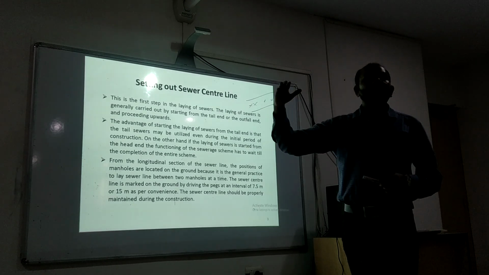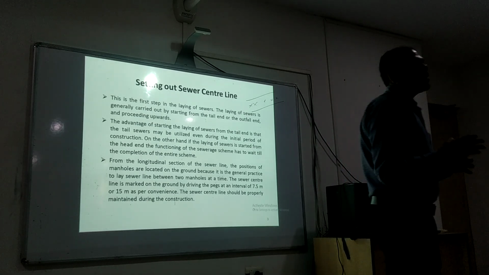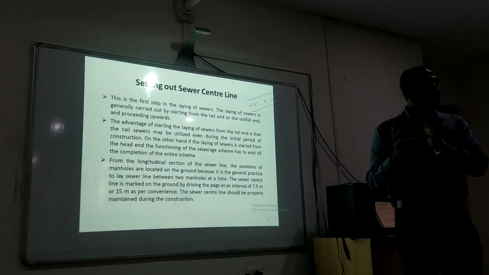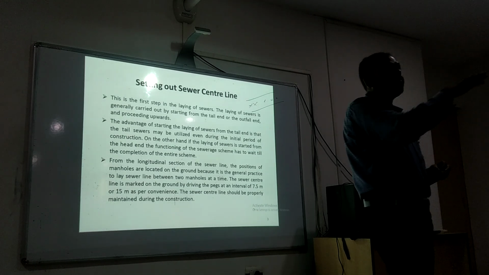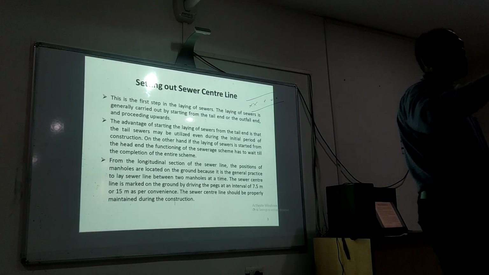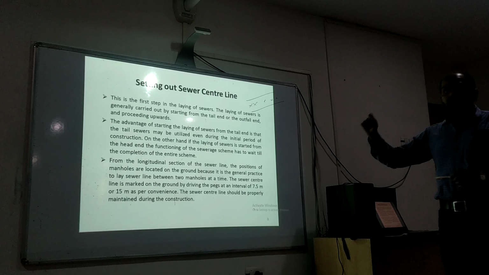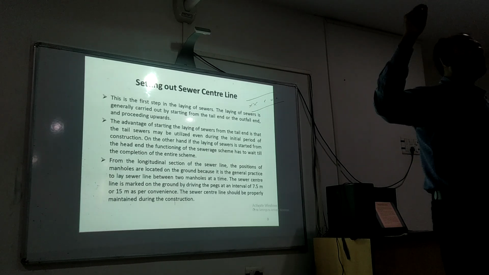Whether we will be able to achieve the sufficient slope, because the sewer water has to travel on its own under gravity. There is no pump, no motor going to be operated for that. That is why the slope is important. If the slope is not available, then planning has to be done how the slope can be artificially provided. Okay. So all that planning is done, and after that, marking of the center line.